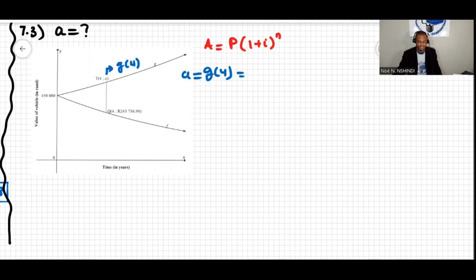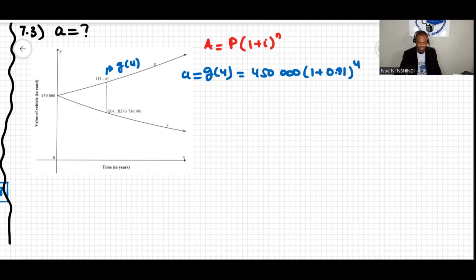This will be equal to 450,000, open bracket 1 plus I, the interest, which is now 0.081, all to the power of 4.